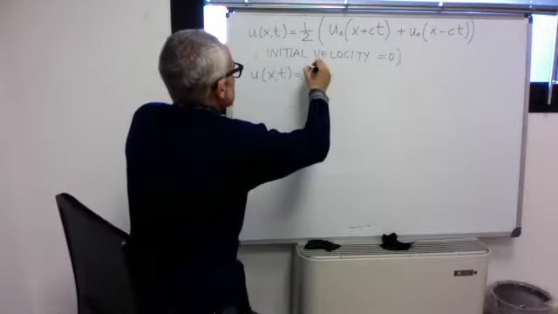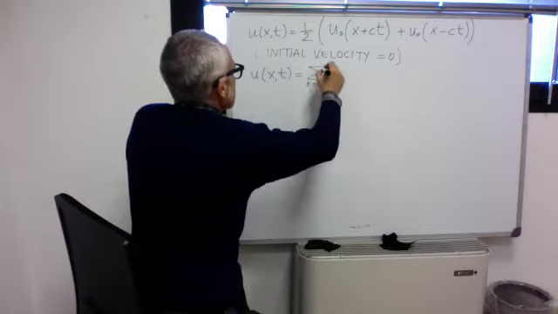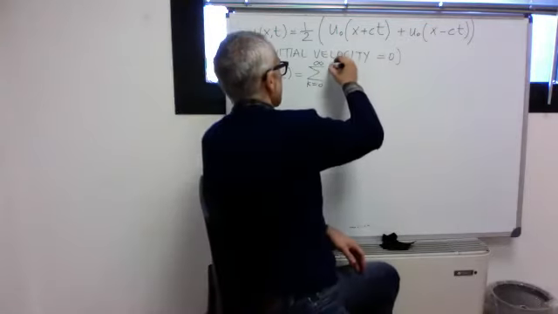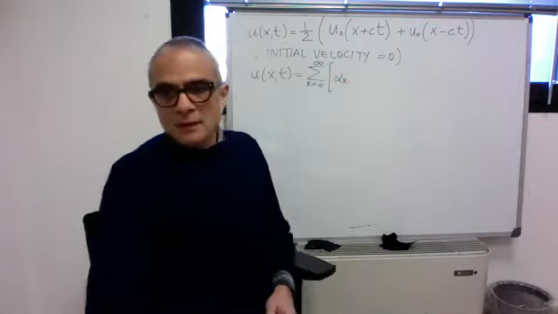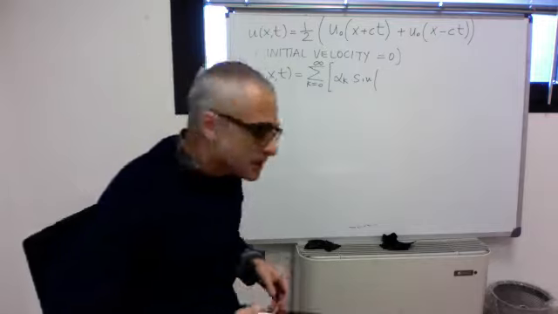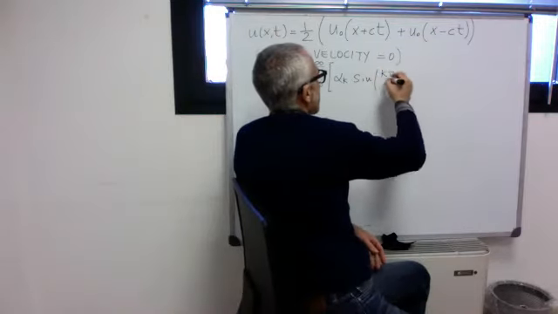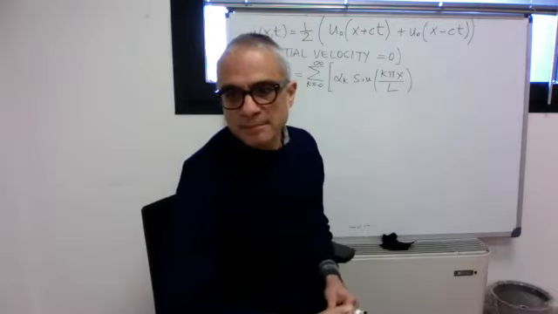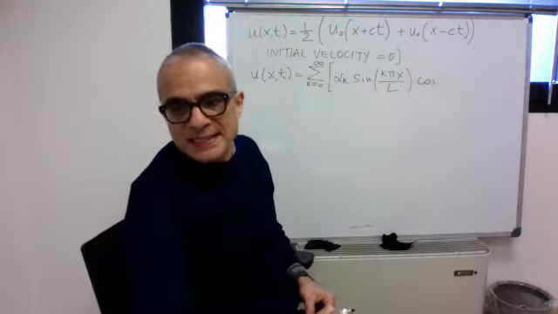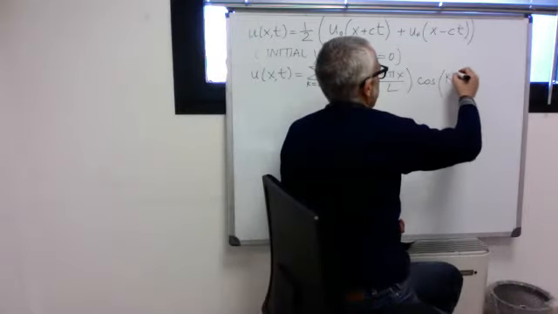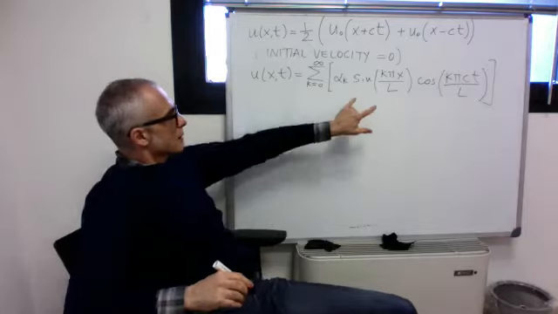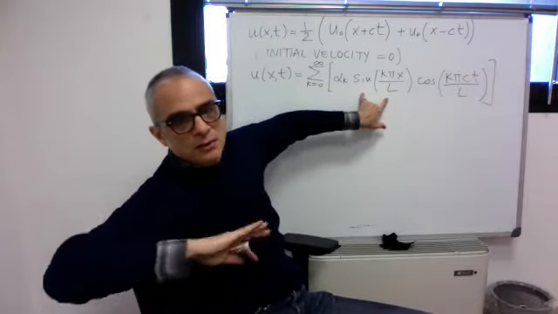It's a sum, and strictly speaking, it goes from 0 to infinity of some coefficient that I might call alpha k, of the sine of k pi x over L, times the cosine of k pi ct over L. Okay, so this sine here is what we call the eigenfunction, the normal mode.